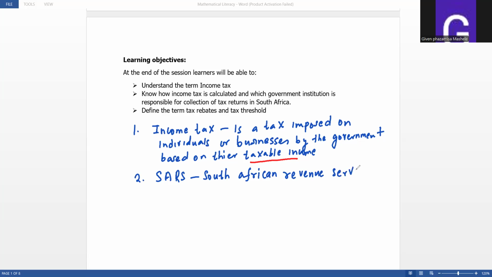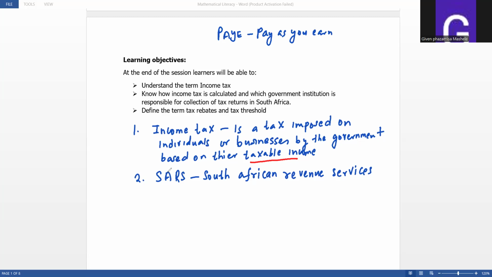So this is the government institution which is responsible for the collection of tax returns. Remember, this income tax has to do with what you call the PAYE, which stands for pay as you earn.